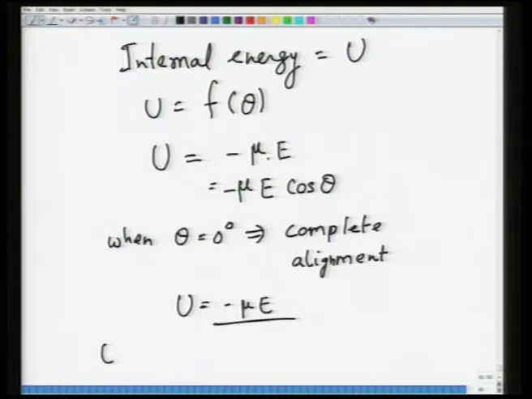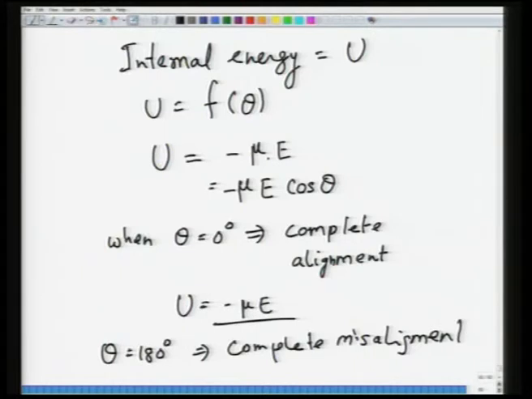And when you have theta equal to 180 degrees, then you have complete misalignment, or both are out of phase, and then U becomes plus mu E. So you understand the significance of the sign minus.